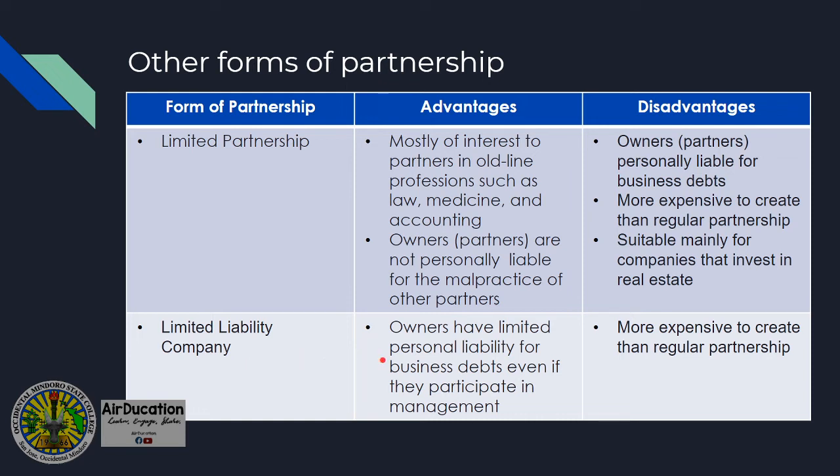And the owners have limited personal liability for business debts even if they participate in the management because it is the company itself who will be liable for business debts, since it is between companies. Okay? And since this is between companies, it is more expensive to create than a regular partnership.